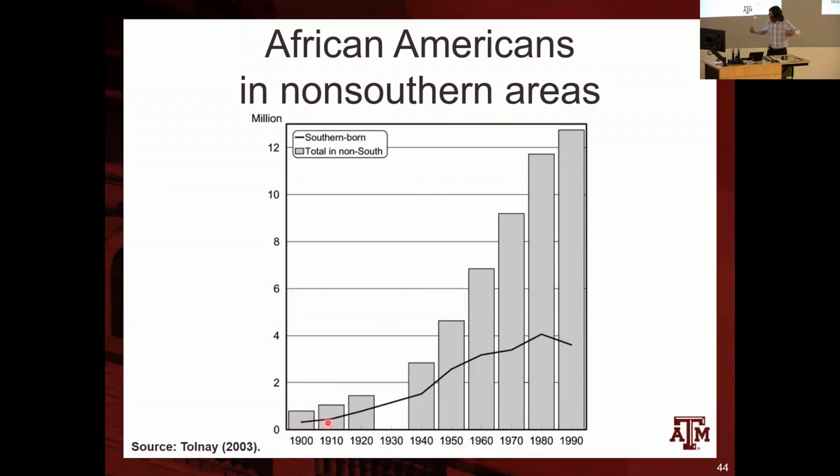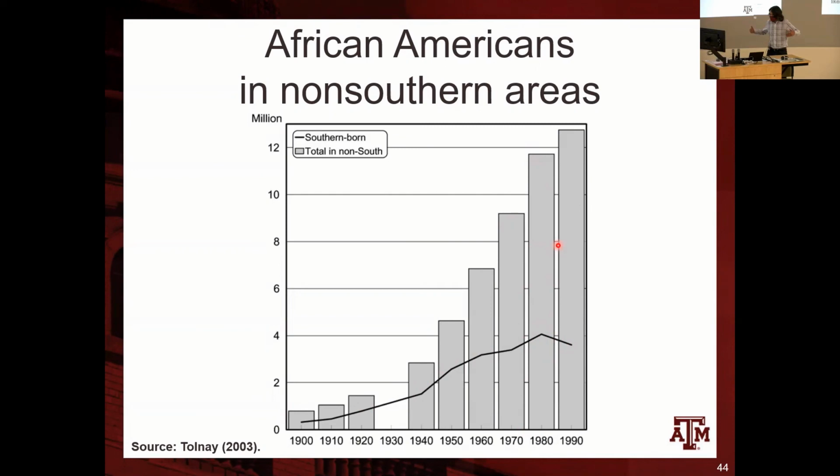And here, this one is just a direct effect. African Americans who were born in southern states, and then they moved to other areas. So the black line here is the direct effect, the direct migrants, and the columns include both direct and indirect.